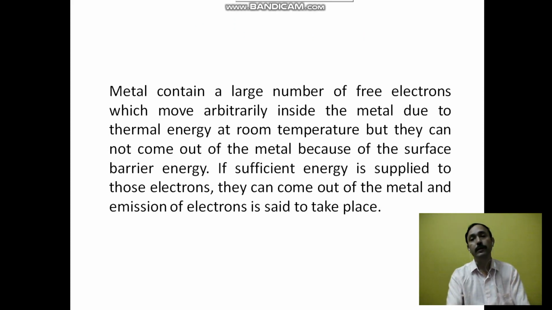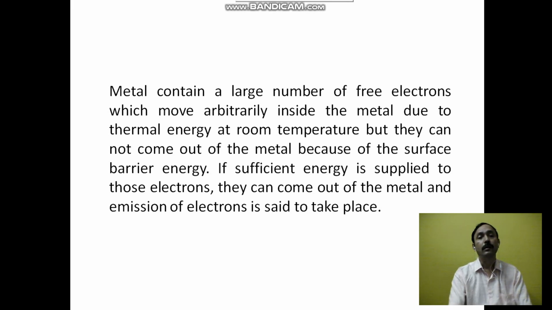Now, to start with, the basic information that we have to learn. A conductor has a large number of free electrons.